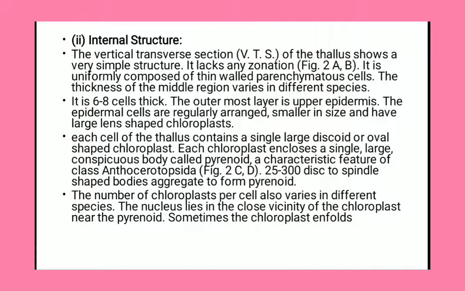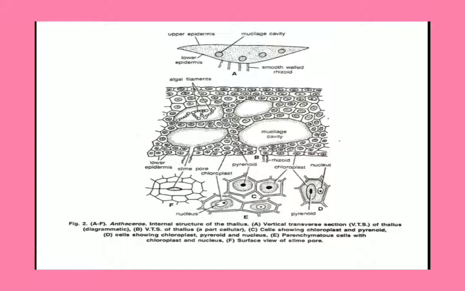In the internal structure you can see the epidermis. This is the lower epidermis, and this is the upper epidermis, and some oval-like cells are also present. These are all parenchymatous cells, because in this Anthoceros no other cell is present, only parenchymatous cells, and a nucleus is present.